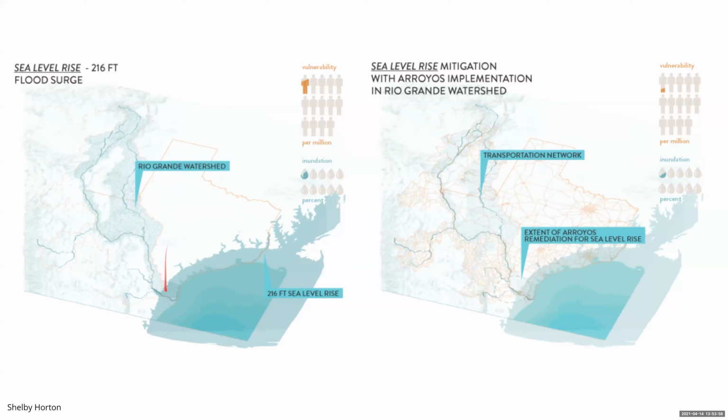For sea level rise, not much of the Rio Grande watershed is affected by inundation. It's about 0.75% of the acreage, and so that's about another 3/4 of the population, especially in Reynosa and Matamoros. And so with our arroyos implemented, we could get that down to about 0.25% flooded of the whole watershed, and then 1/4 of the population still vulnerable.